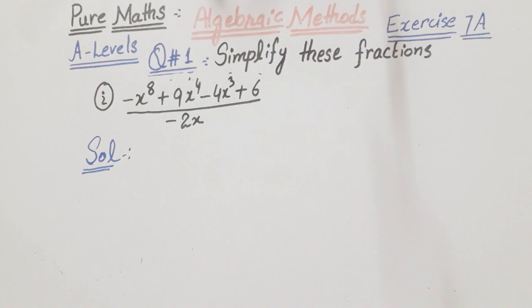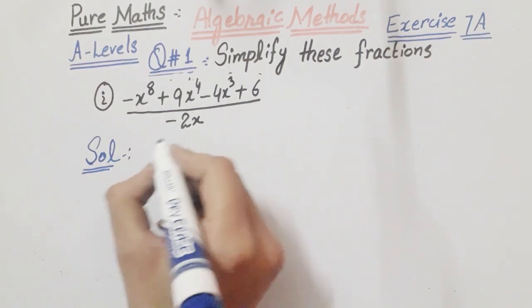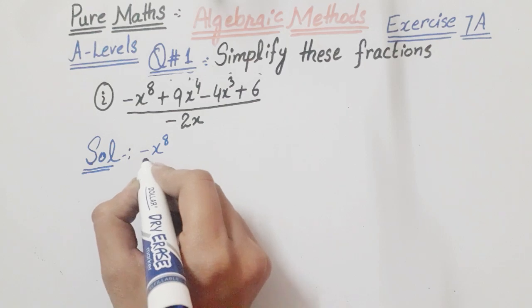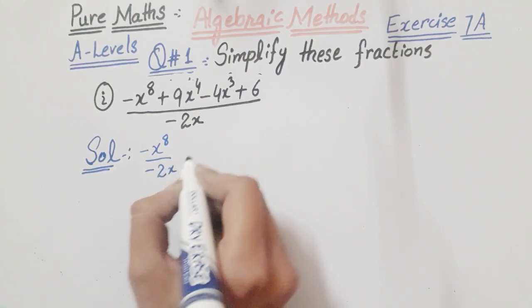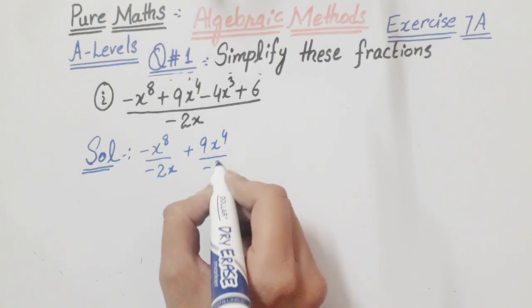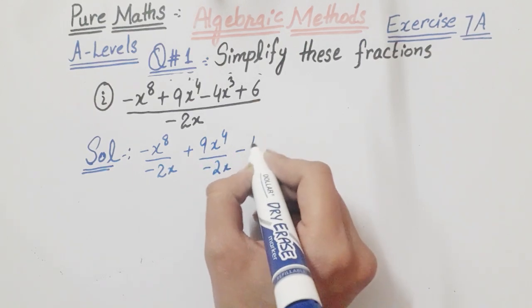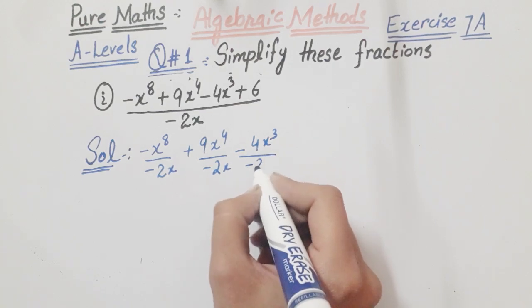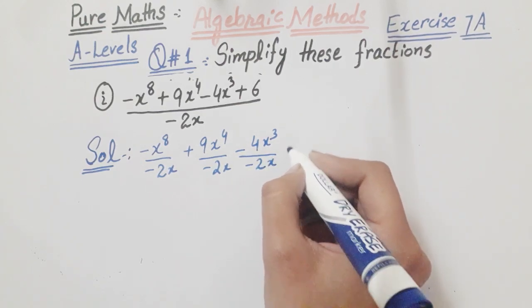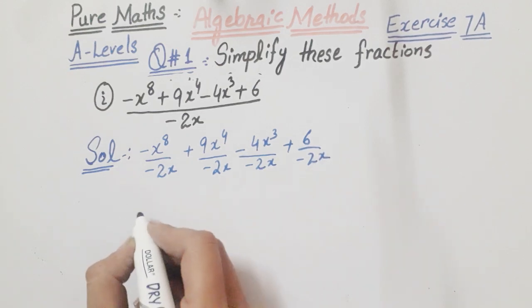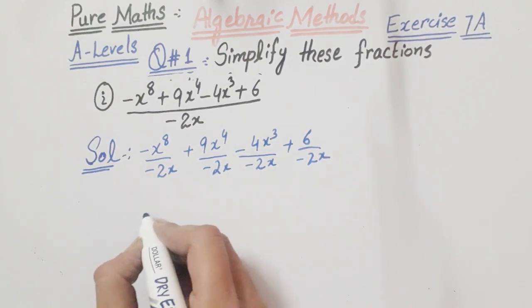Now we will solve this: -x^8 by -2x plus 9x^4 by -2x minus 4x^3 by -2x plus 6 by -2x. We will get minus minus plus.